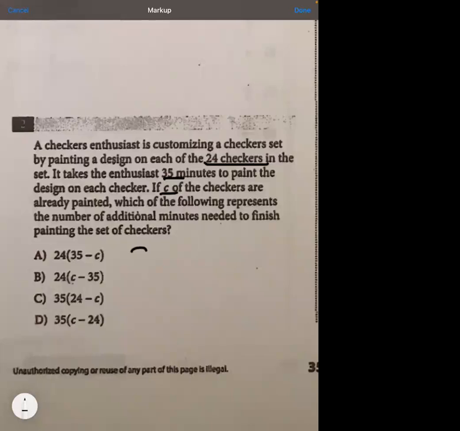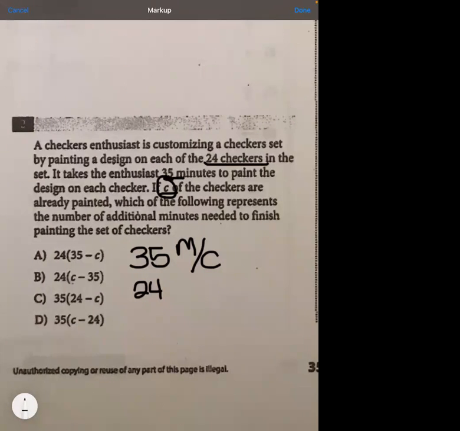So 35 in this problem is the minutes we need to paint each checker, so we will put 35 minutes per checker. 24 is the total number of checkers there are. And of course, C, which is an unknown number, is the amount we already painted.